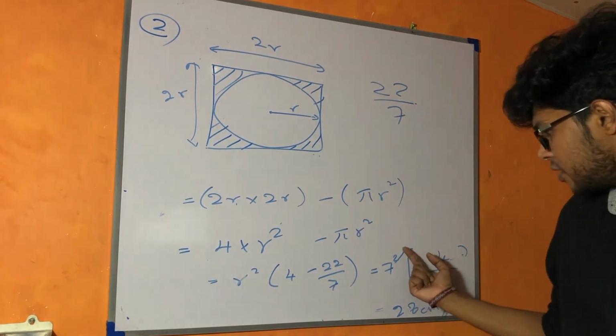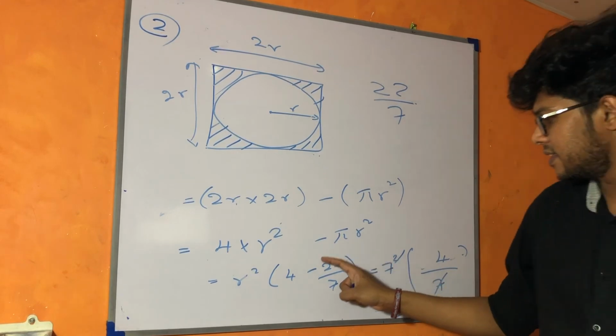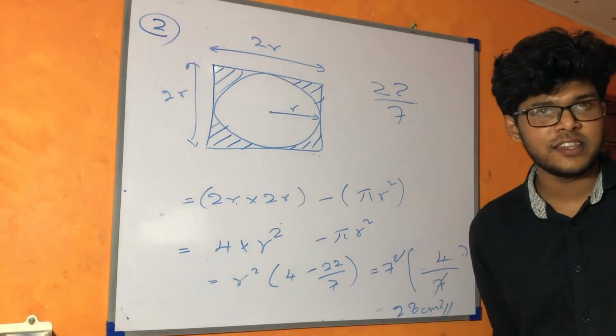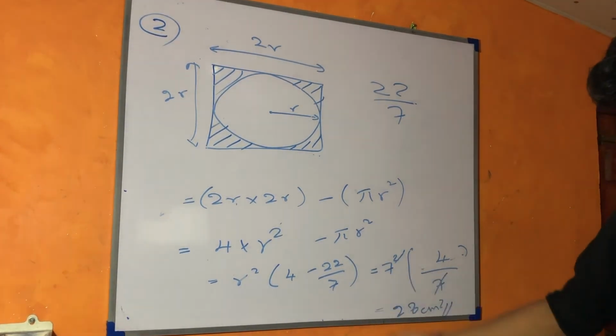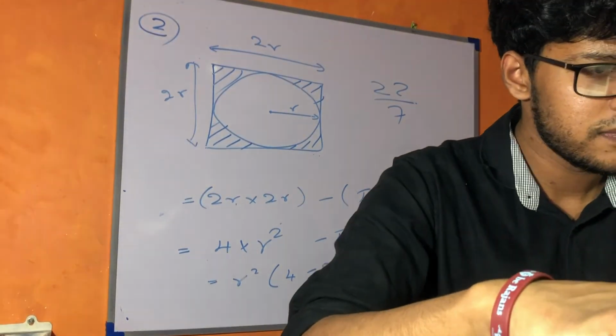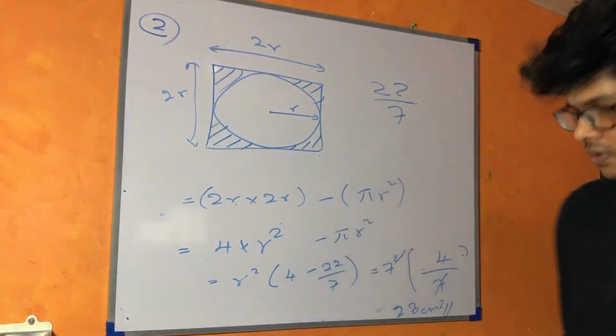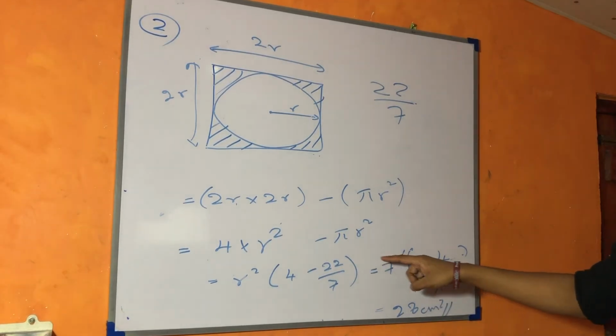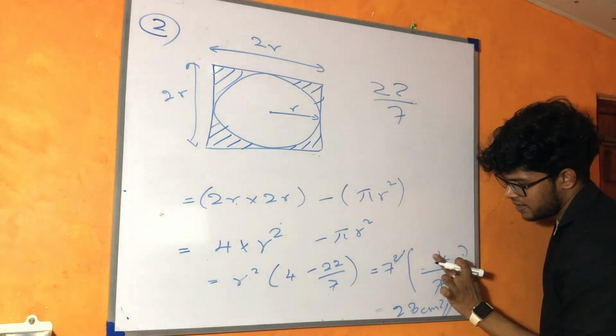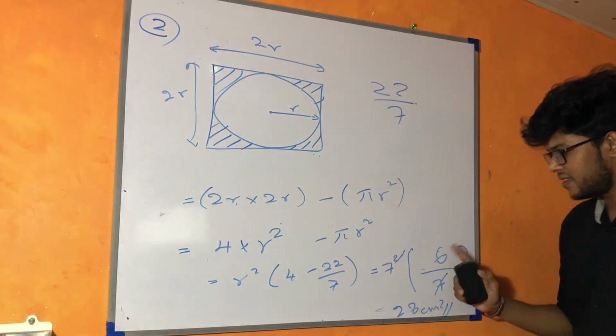So look, here you could cancel off, right? If you turn this into a decimal in the first place, you won't be able to do this. Sorry, 7 times 6? Oh yes, it's 28 minus 22, which is 6, so it is going to be 6 times 7.